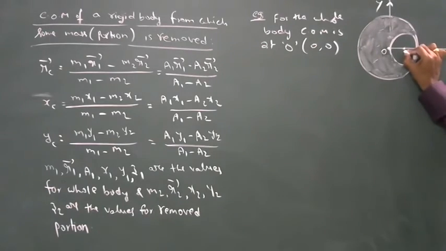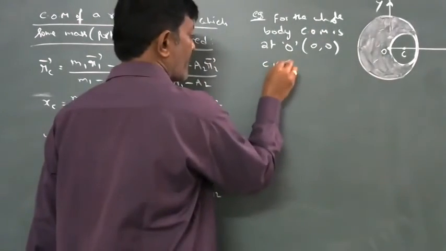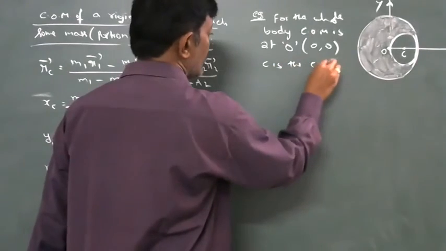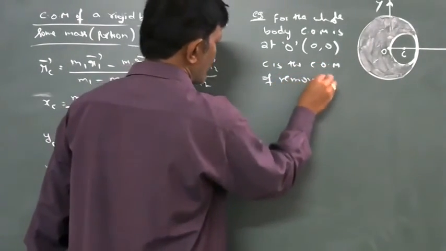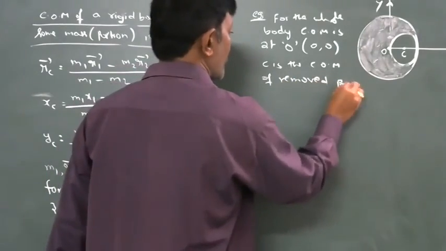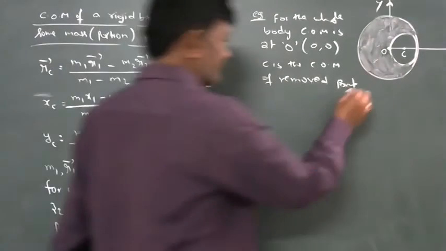Let it be C. C is the COM of the removed part, and that C has coordinates.